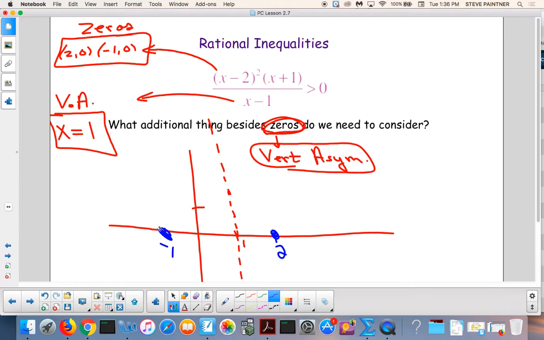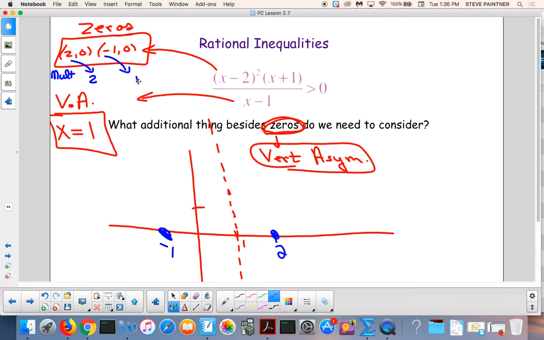End behavior. Well, can I do the multiplicity below? Multiplicity is what on this one? 2. This one? 1. And if you get a multiplicity of 2, what do you know? It does bounce. What do you know here? It should go through, right? Okay, I think we're done. That's all we care about is the zeros and the vertical.